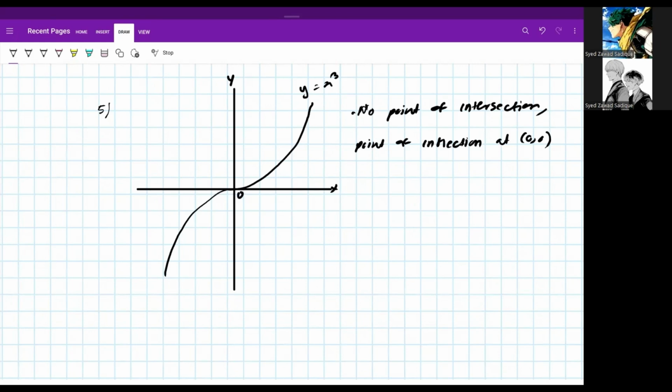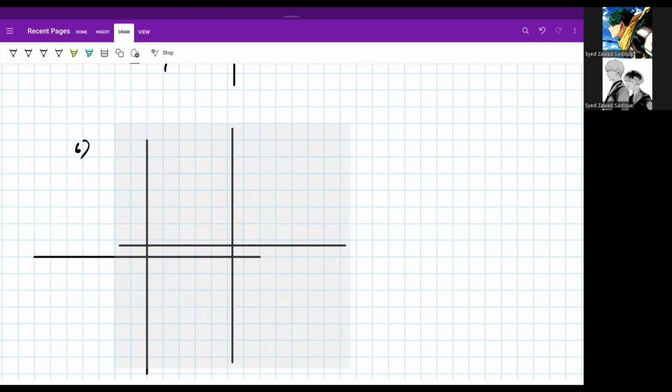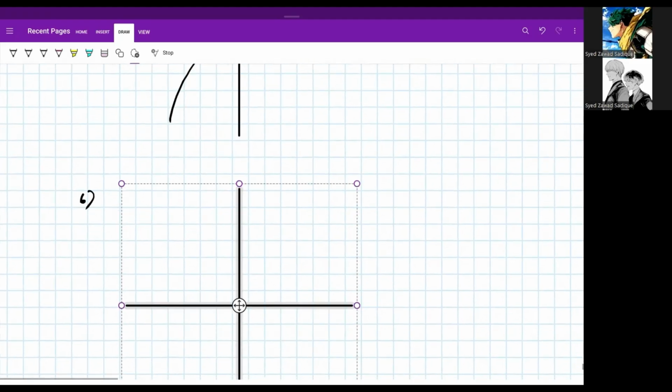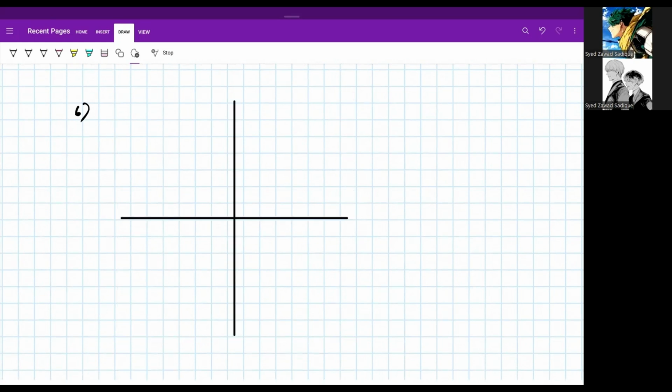Okay. Our next graph is 6. These are graphs. I'm drawing these graphs to actually give you guys a good idea. Okay, watch this. So this is a quadratic graph.